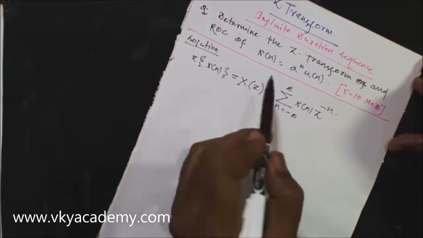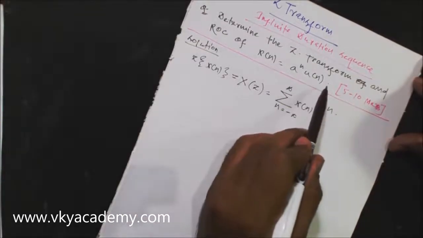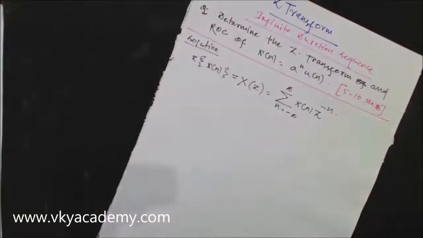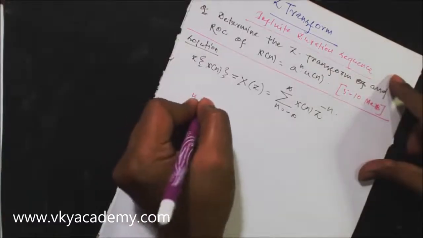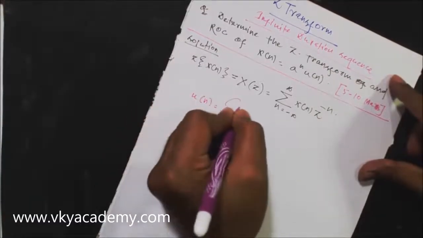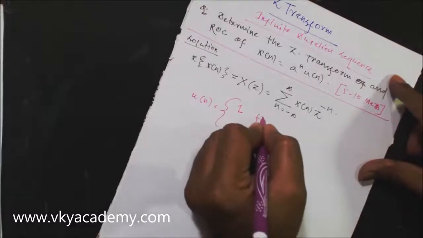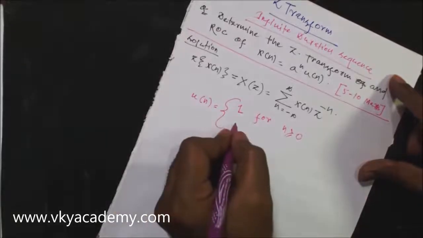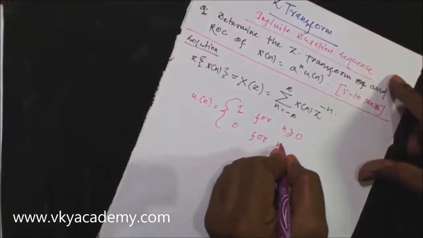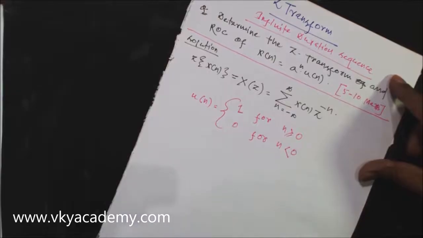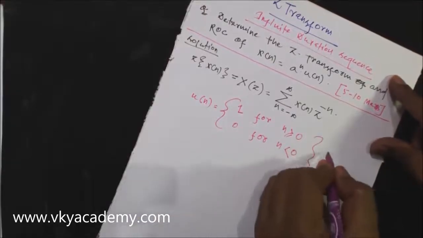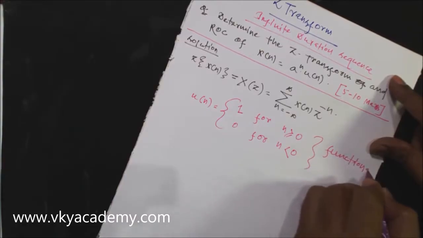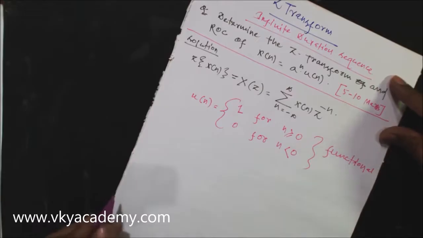Now x of n equal to a to the power n u of n, where u of n is a unit step function, and we know a unit step function u of n is equal to 1 for n greater than or equal to 0 and is equal to 0 for n less than 0. So this is the functional representation of the unit step function.